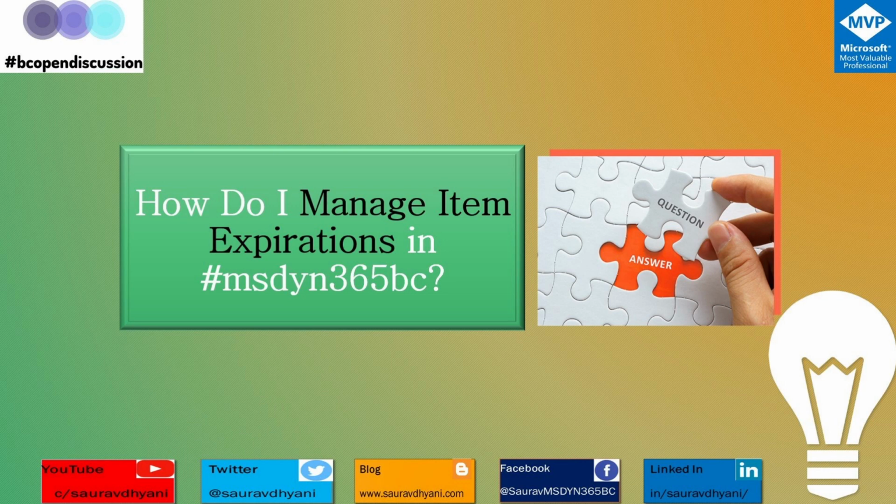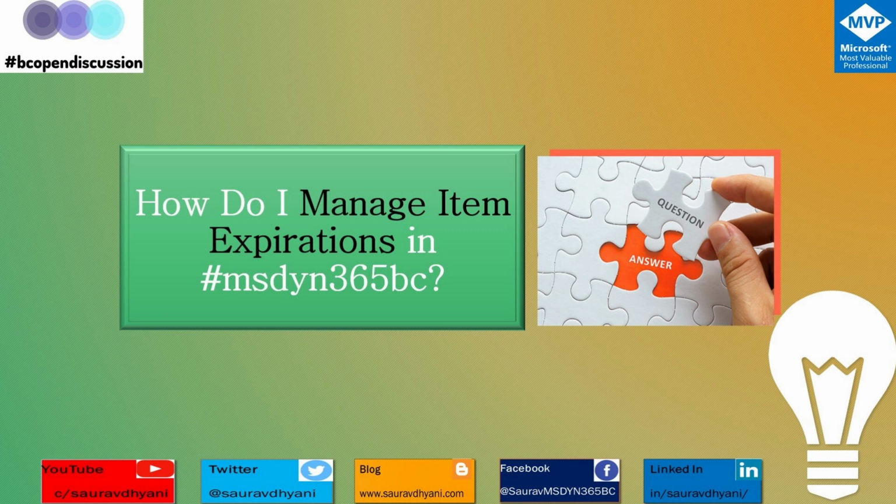Let's understand what item expiration means. Assume that you have a customer who deals with medicines, which always have an expiry date set. They need to make sure that Business Central caters to that need and that they are able to enter the expiration date for the items that they are either manufacturing or purchasing, so that it helps them sell the items with earlier expiry dates first, then the later ones.